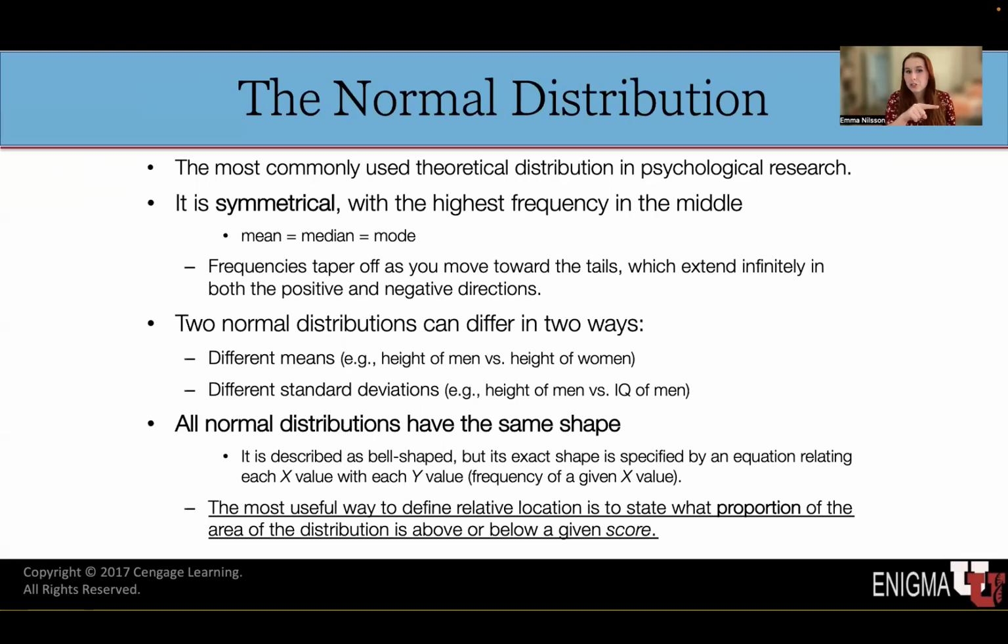All normal distributions are going to have the same shape, but they can have different means and different standard deviations. And the most useful way, this last bullet here is important, the most useful way to define relative location in a normal distribution is to state what proportion of the area is above or below a given score, usually the mean, but we can also use z-scores.